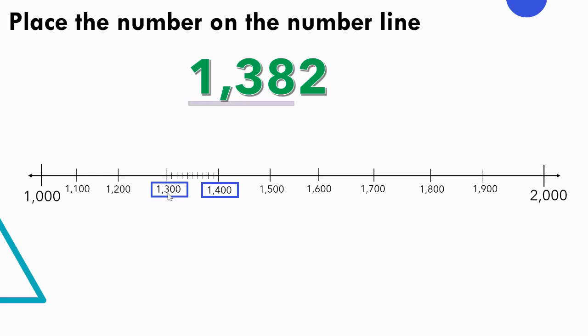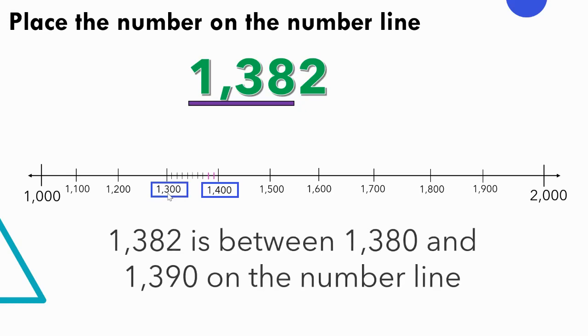Now we can see that our number 1,382 is going to fall closer to 1,400. So 1,382 is between 1,380 and 1,390. 1,382 is represented by the blue circle here.